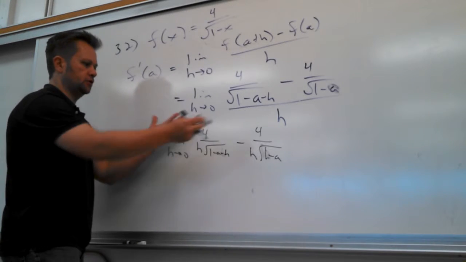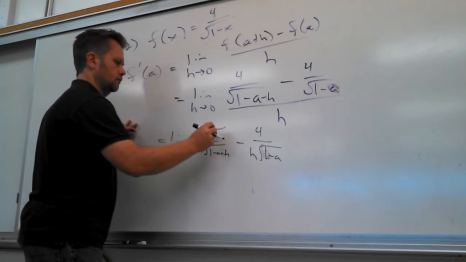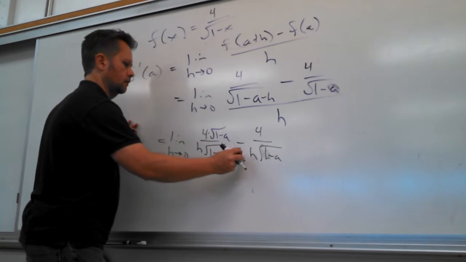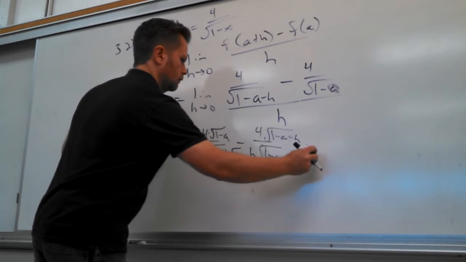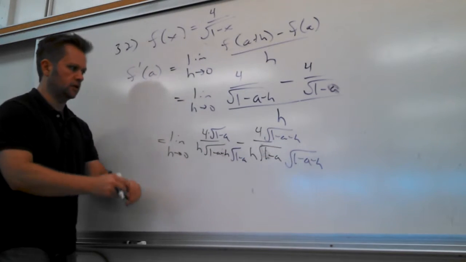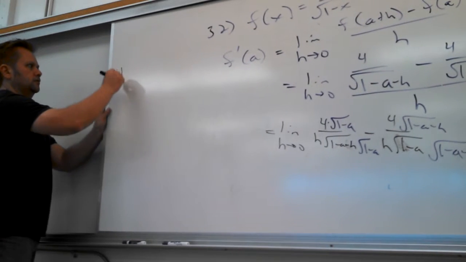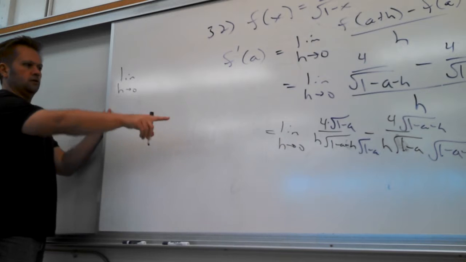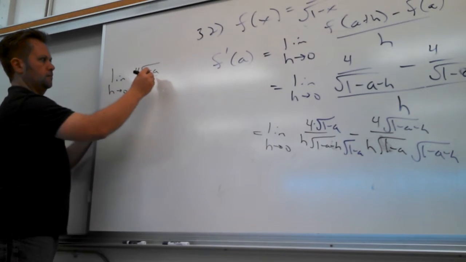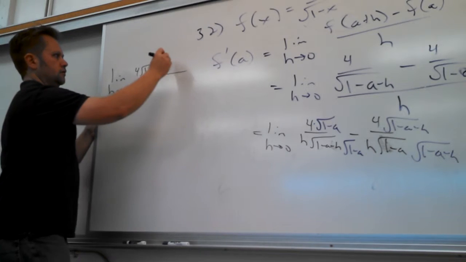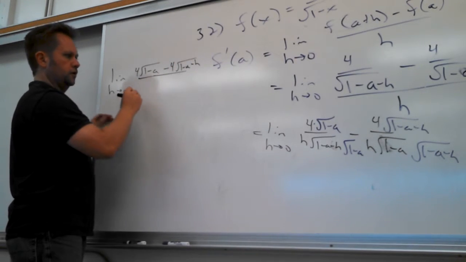All right, so now we're just doing LCD, right? Yeah. He needs that. And now can you multiply by the conjugate? Well, let's see what we get now. Let's clean this up a little bit. There's not much we can do anyway. So you get the limit h goes to 0, 4 square root of 1 minus a minus 4 square root of 1 minus a minus h over.